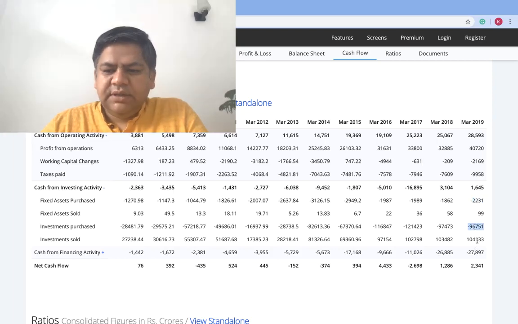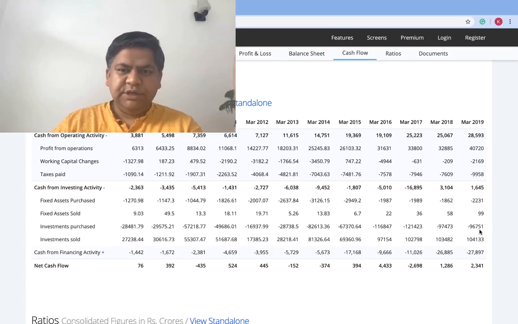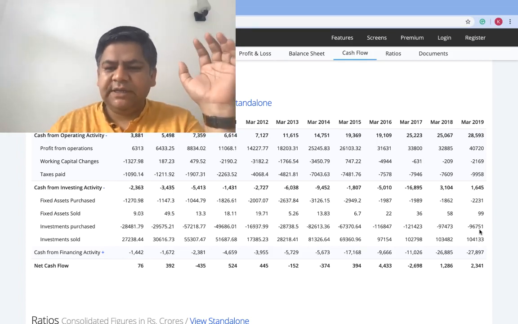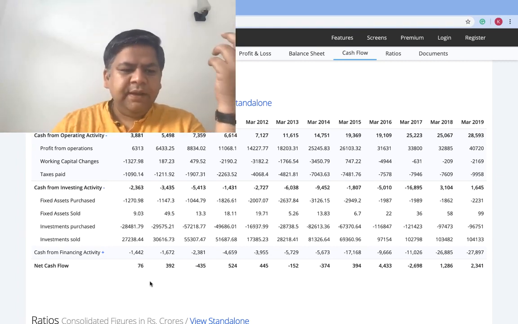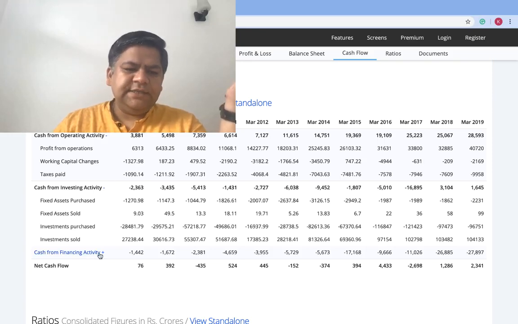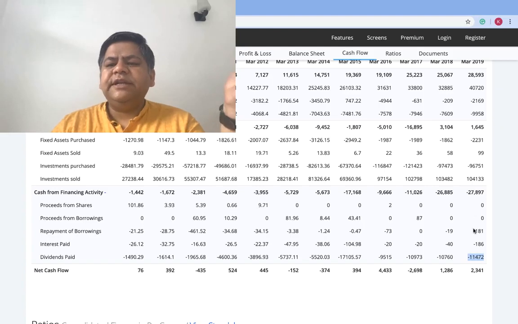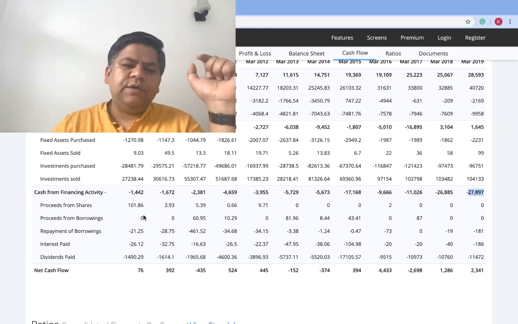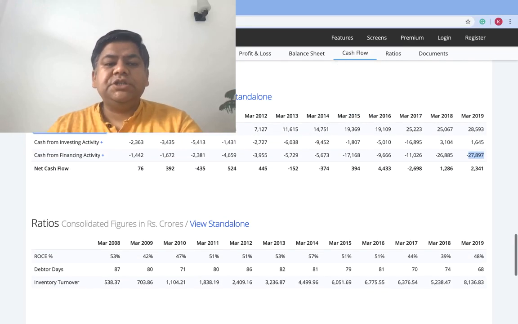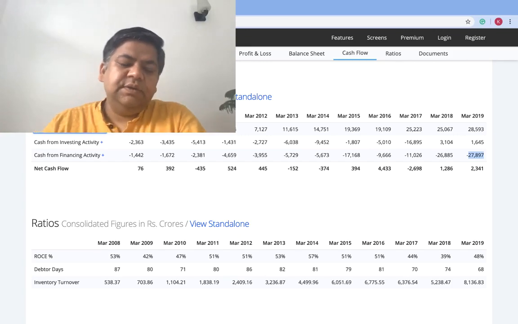But this is a good number because all the investment they would have done the previous year, they would have liquidated and done another fresh investment, and that's why you see these numbers high. Net cash flow is 2,341 crore. In cash from financing activity, they have paid huge dividends, and that's why you see negative cash flow from financing activity. So for me, I don't see much issue in TCS's cash flow statement.